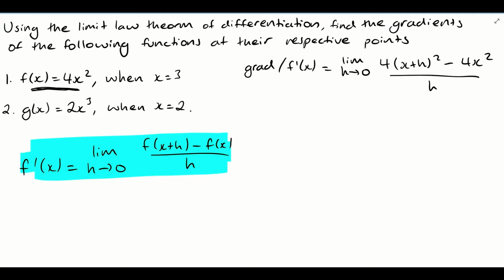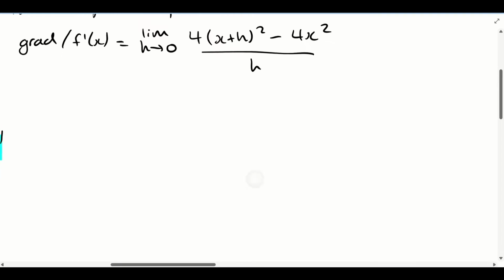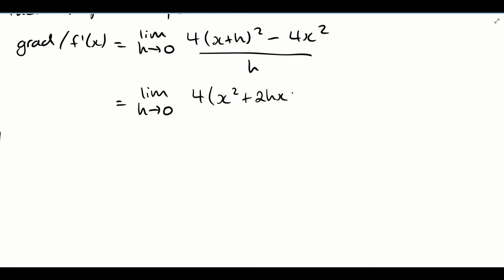Okay, now that we have that there, we're going to come over here and simplify this down to try and get rid of the h's. So we'll start off with expanding out that x plus h squared bracket. So we'll have the limit as h moves to 0 of 4 lots of x squared plus 2hx plus h squared, expanding out that bracket, take away 4x squared on top of h.